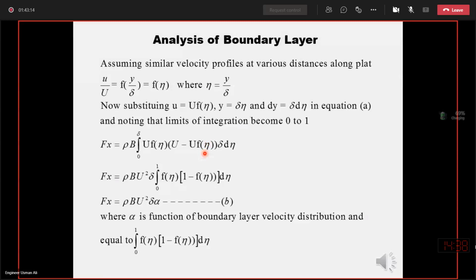So rho b U square into del, integral 0 to 1 is the limit, because when y approaches del, eta will be 1.